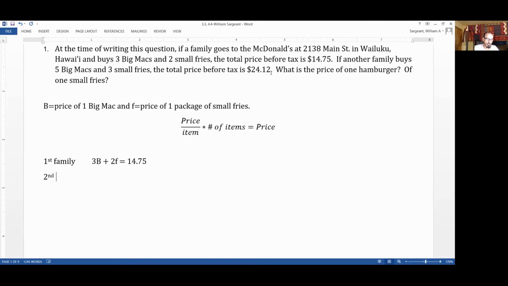Adding those together, because they're buying both. And then for the second family, similarly, 5B plus 3F equals $24.12.